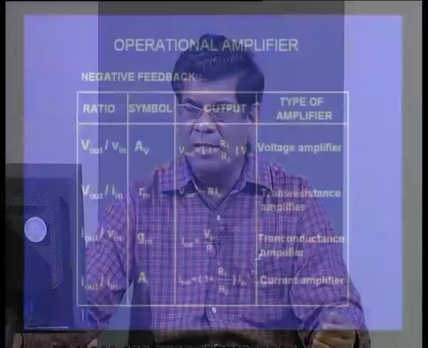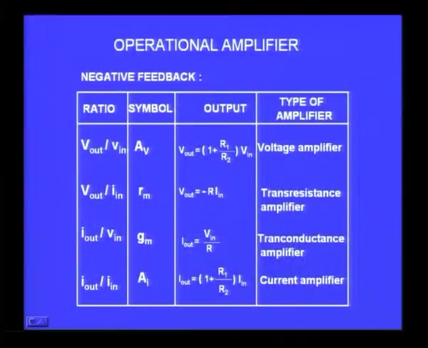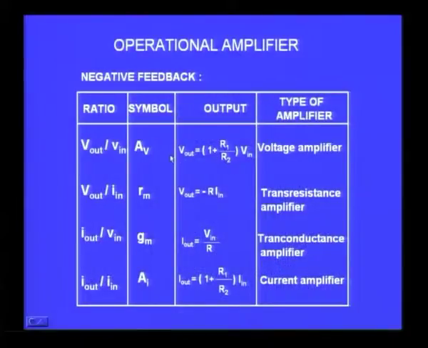Right. In an actual case, when we discuss with a normal op amp these four configurations, you would find each one of them will turn out to be a very nice amplifier, almost an ideal circuit. First one will be a voltage amplifier, second one will be a transresistance amplifier because the transfer function has got dimensions of resistance.